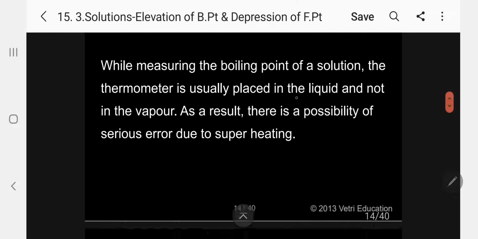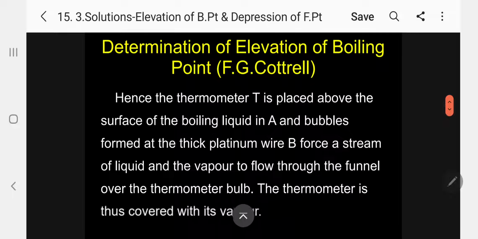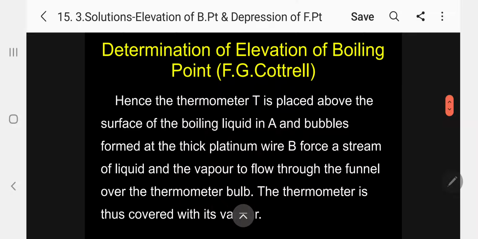So it will not give an accurate boiling point. For that, a special apparatus was used by Cottrell. Here, the thermometer T is placed above the surface of the boiling liquid in A, and bubbles formed at the thick platinum wire B force a stream of liquid and vapor to flow through the funnel over the thermometer bulb.